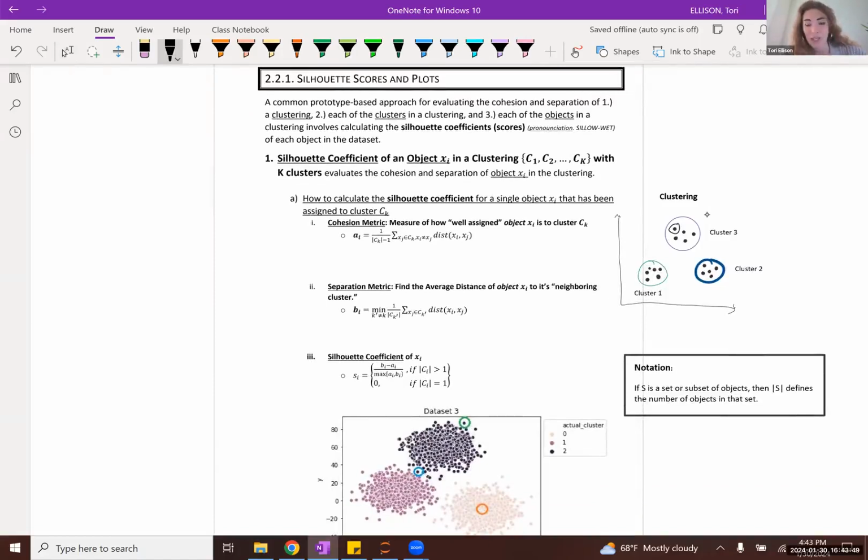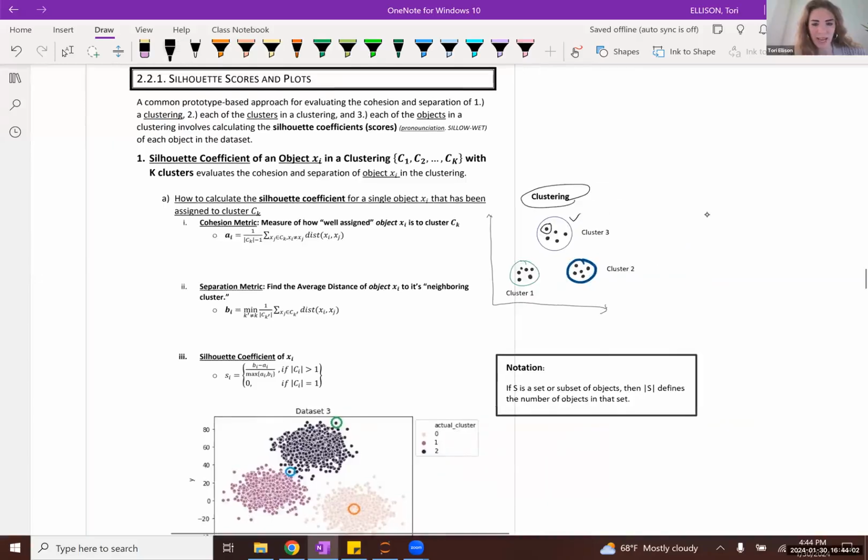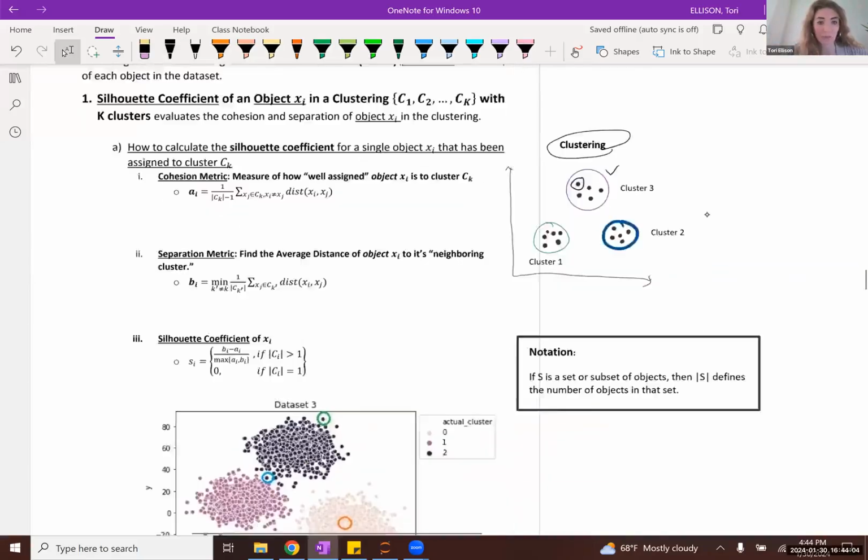It measures the cohesion and separation of a cluster within a given clustering. And finally, it allows you to measure the overall cohesion and separation of the entire clustering of a data set. So we'll start at the individual observation level.